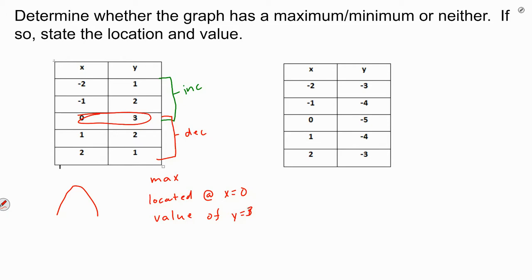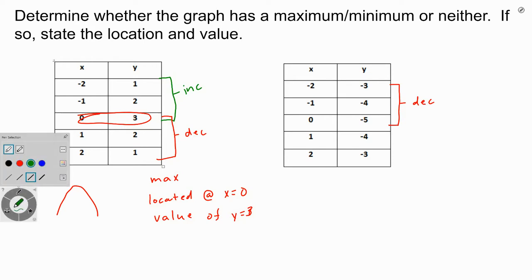Okay, let's try the next one. So here I go from -3, -4 to -5, and then back to -4, -3. So let's see. From here to here, what's happening? Well, the graph is decreasing. It doesn't look like it, but remember, the more negative we get, the smaller the number. So it's actually decreasing. And then from -5 back up, what's that doing? Well, I just said it.